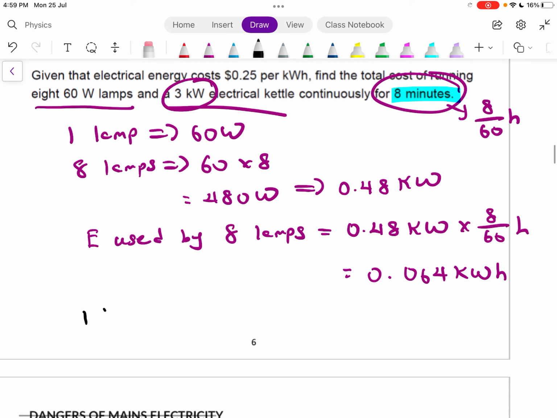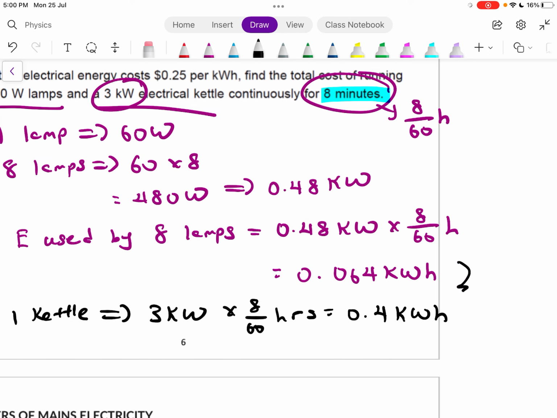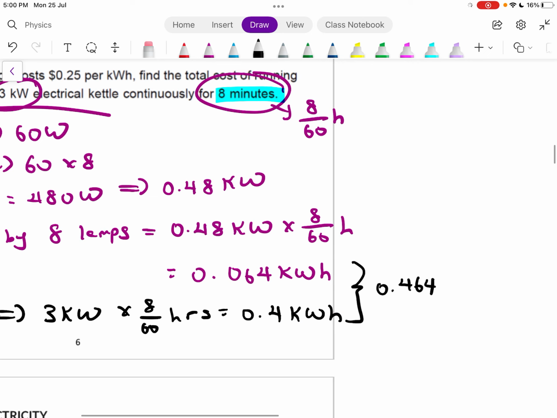The energy used by one kettle is 3 kW times 8 over 60 hours, which is roughly 0.4 kWh. If you add these two up, you get roughly 0.464 kWh. This is the total energy used by both your electrical kettle and the 8 lamps.